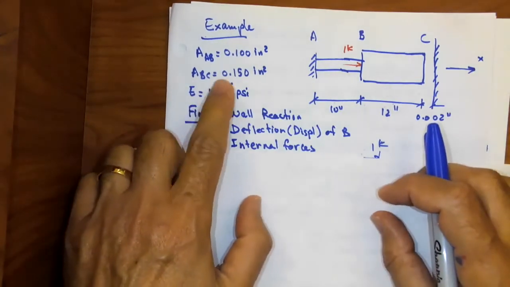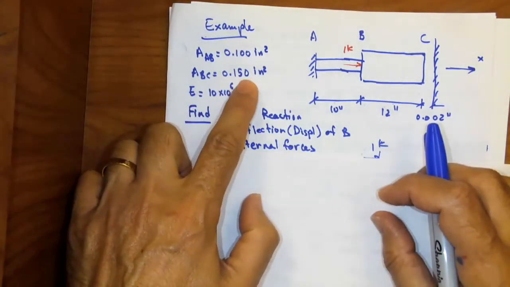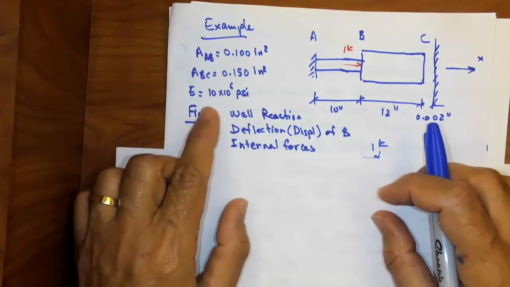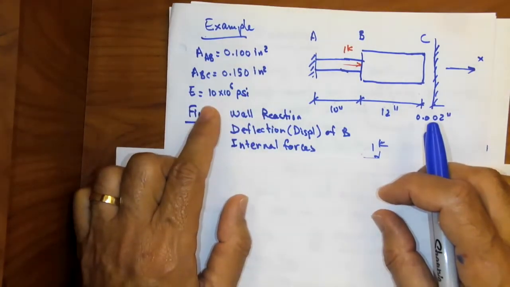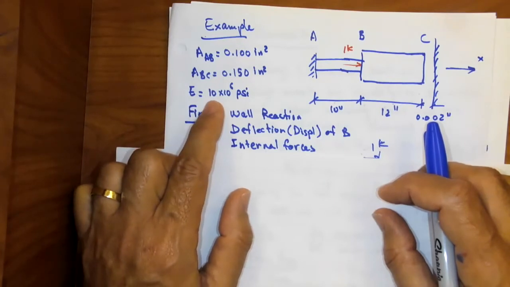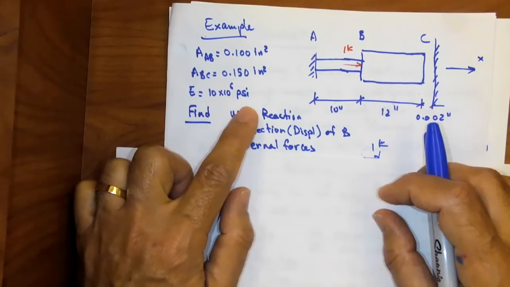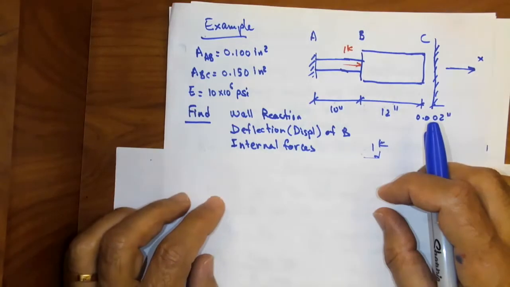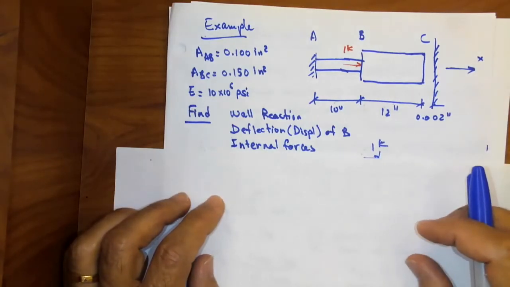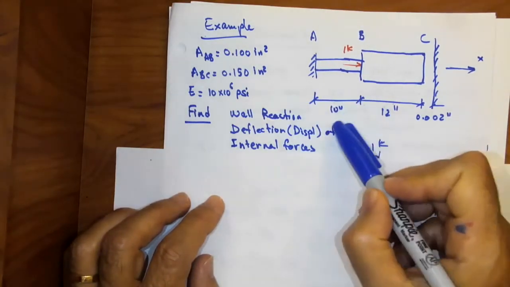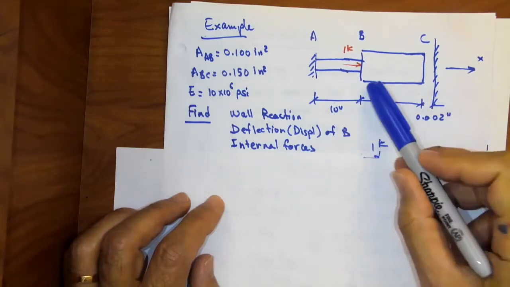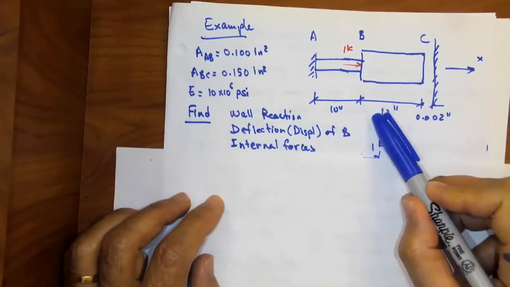And BC has an area of 0.15 square inch. Both of them are made of the same material, so they have a modulus of elasticity of 10 times 10 to the power 6 psi. AB is 10 inches long, BC is 12 inches long.